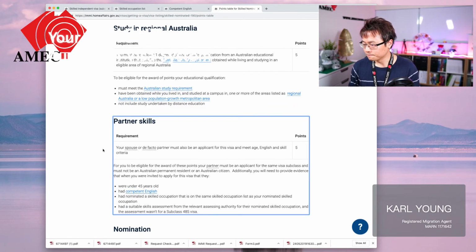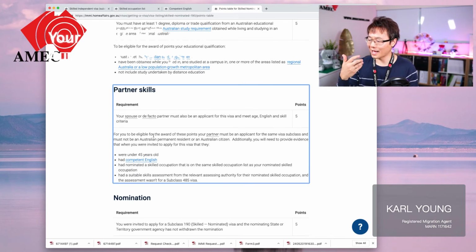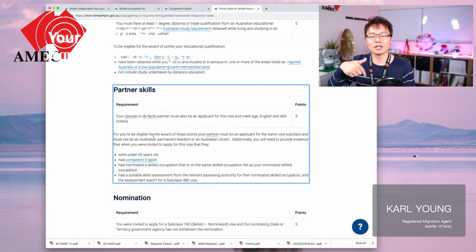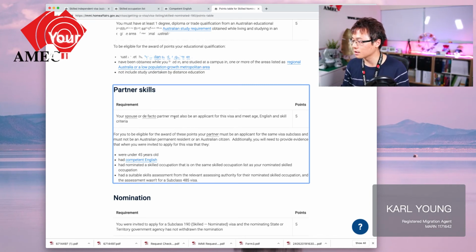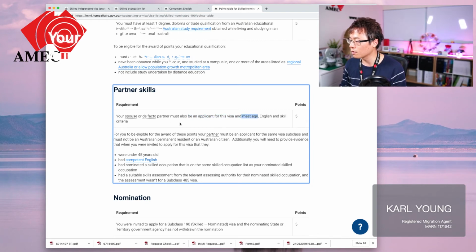Now, partners. Your partner has to meet this at this point in time. The existing law says he or she needs to meet the skill assessment requirement, and also I think pass competent English as well, and meet the age requirement as well. You get 5 points.